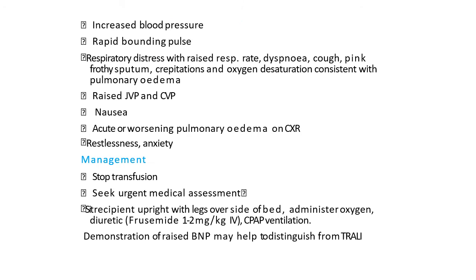The blood pressure will be increasing, pulse is rapidly bounding, respiratory distress can be seen, CVP is increased, pulmonary edema can be seen. In management, directly stop the transfusion, give diuretic, and keep the recipient upright with legs over the side of the bed.